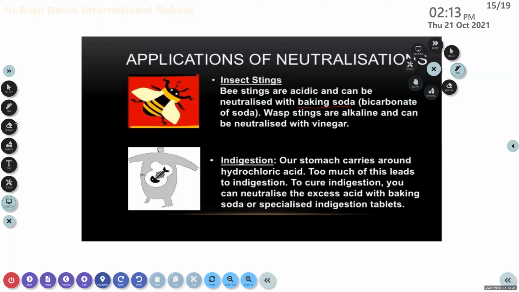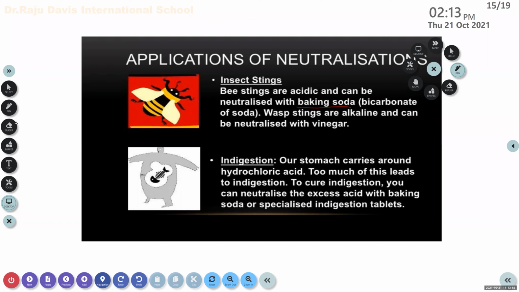The next application of neutralization is indigestion. We know that our stomach carries hydrochloric acid. Hydrochloric acid is produced by our stomach in order to digest food particles. But in some situations, an excess amount of hydrochloric acid is produced by our stomach, which causes acidity.